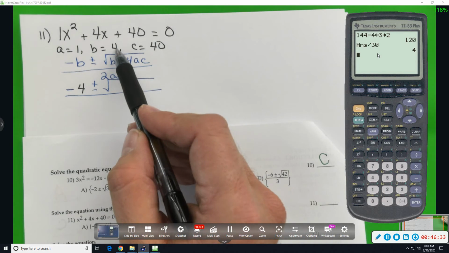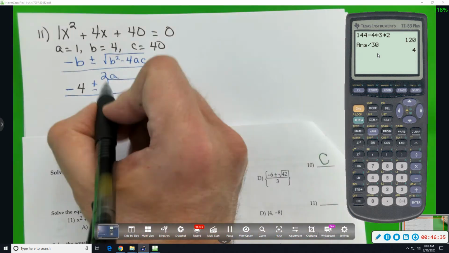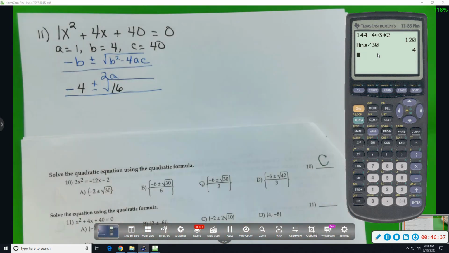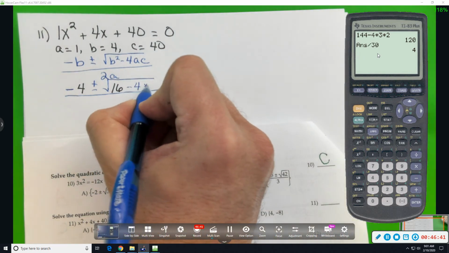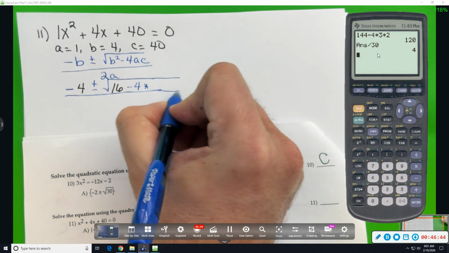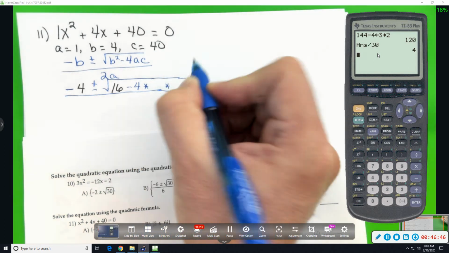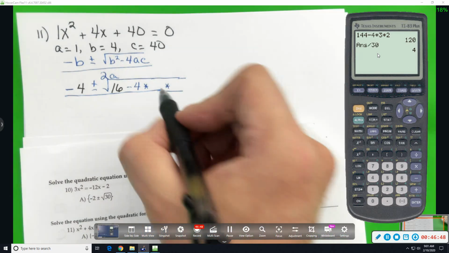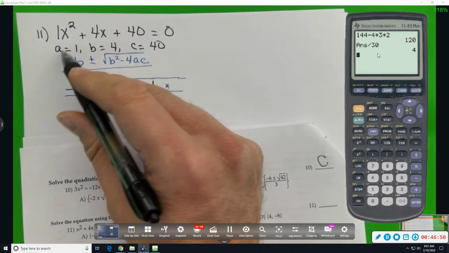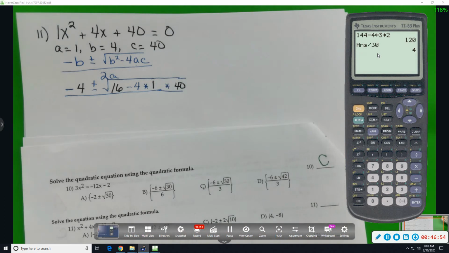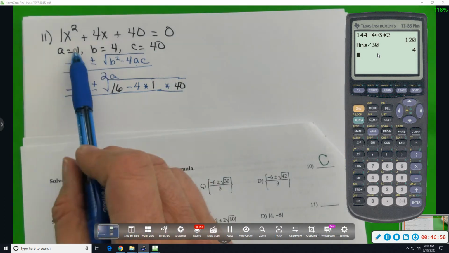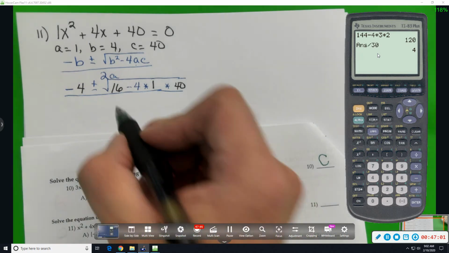See, I'll do that in my head. 4 times 4, 16. Minus 4 times a times c. The a is a 1. The c is a 40. All over 2 times a. I'll do that in my head also. 2 times 1 is a 2.